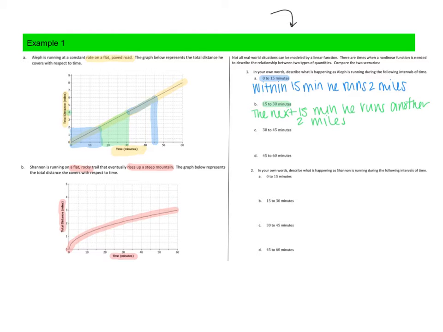So this chunk of time, you could probably see there, this line matches up here. He runs a total of 6 miles, so he runs another 2 miles. And you can probably guess the last question too.